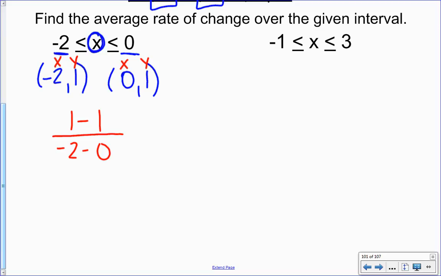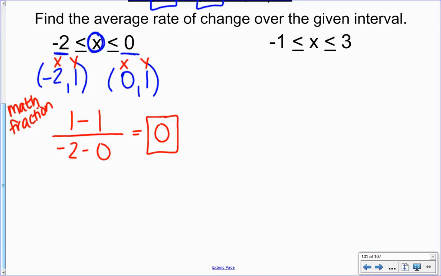Use that calculator, and remember, we're going to go math, fraction. So scroll over to fraction and type that in. Don't guess on it. When you type that in, you're going to get a rate of change of 0. So there is no change from the x value of -2 all the way to the x value of 0.